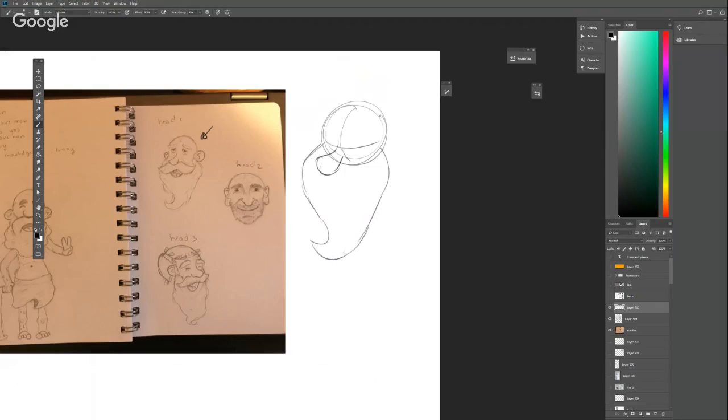And this shape. And here this mouth. So something like this.